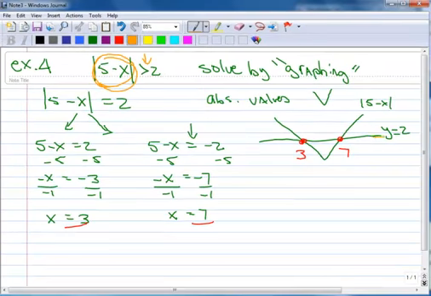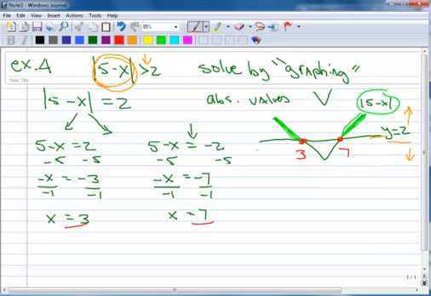If this horizontal line represents y is 2, then anything above it would be greater than 2, and anything below would be less than 2. So this part of the graph and that part of the graph, which I'm shading in, represent when the absolute value function is greater than 2.